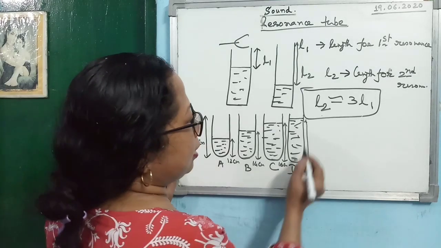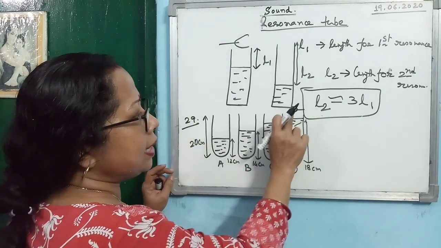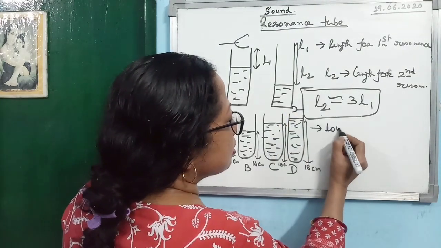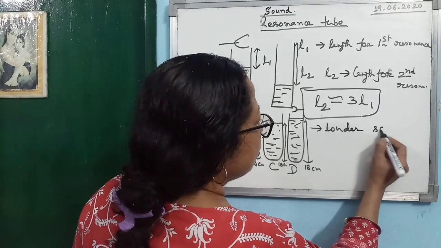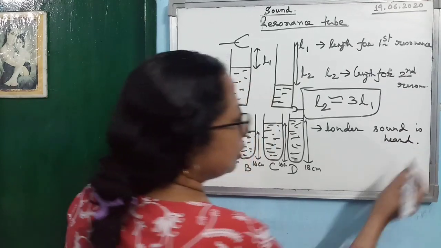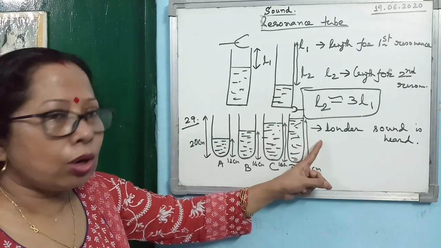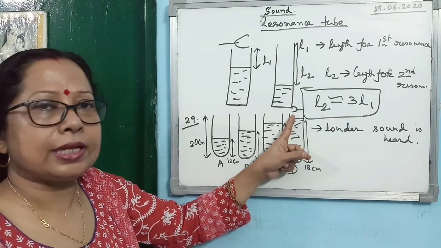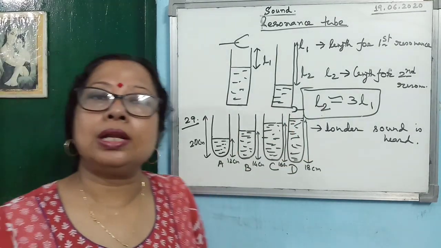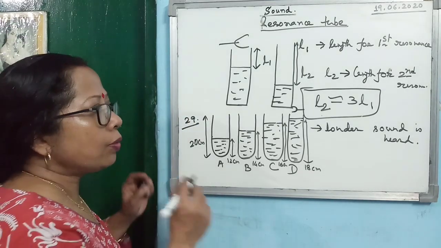And it is given that when you hold a tuning fork above D, a louder sound is produced. Is that clear? Now the question is, if you hold the same vibrating tuning fork above B, C and A, what will be the observation?